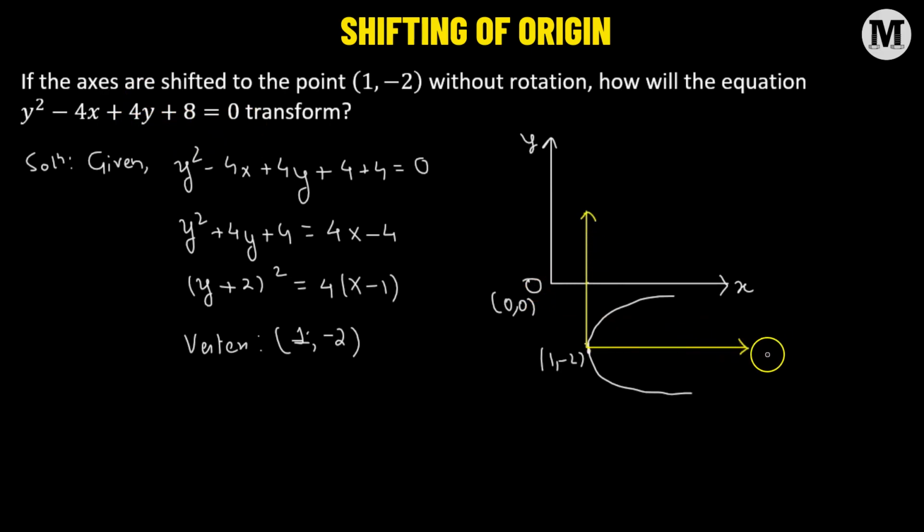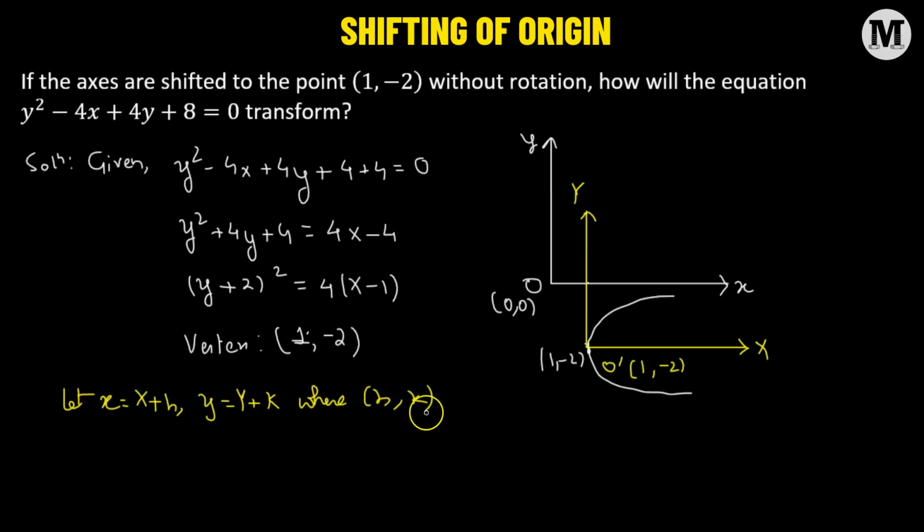So here we have the shifted axes, and the shifted axes have the x-axis and the y-axis with its origin at O prime, which has been shifted to the point (1, -2). In order to show what it transforms to, we are going to replace the value of x. So let x be replaced with x plus h, and y be replaced with y plus k, where (h, k) represents the shifted origin.